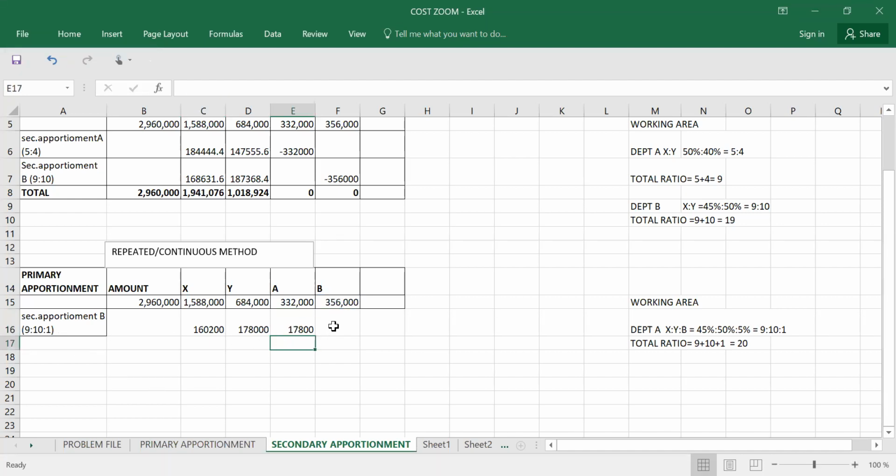After this, of course, B has distributed its cost, so we subtract it from there. It is no longer there.